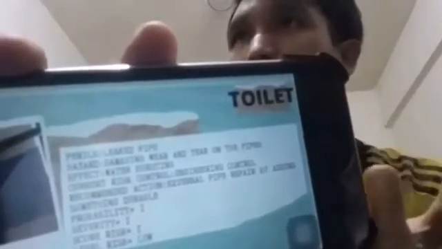Why is it low? Because it is below 9, and it has never happened. There has never been any injury to people who go to the toilet in the cafeteria. But the water bursting is really very dangerous once the floor is very slippery, and it might endanger people who are entering the toilet.